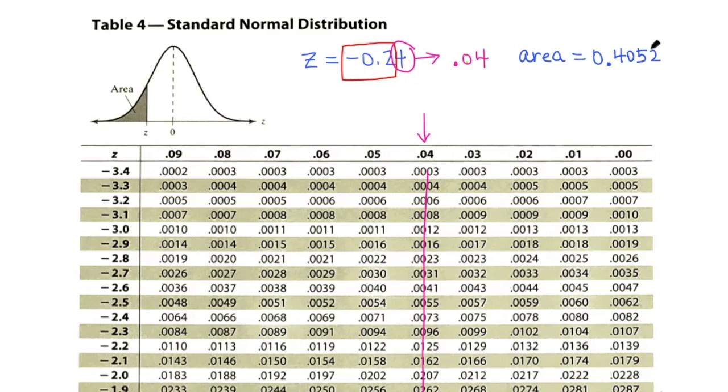Now that does mean it's about 40% of the area, because it turns out, since the standard normal distribution has an area of 1, that's the same as saying it's 100% when we're talking about probabilities. So if the area is 0.40, it's really saying the area is about 40.5% of the total area under the figure. But we'll get there in a minute.